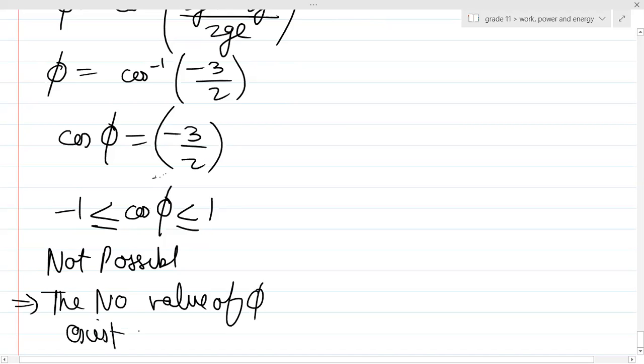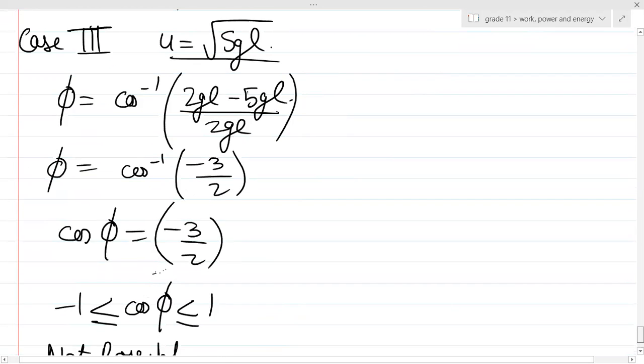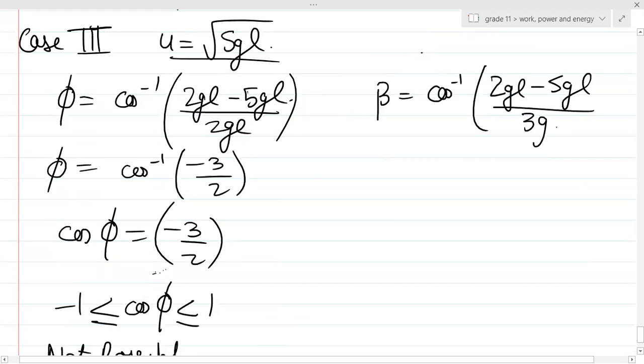existing in this case. So here we assumed that the velocity will never become 0, so it will take an entire round. But can you see over here at this particular case, the beta will be equal to cos inverse of (2gl minus 5gl) divided by 3gl. Can you see I'm just changing the formula. यहाँ पे 2gl है denominator में, and here it is 3gl, right?